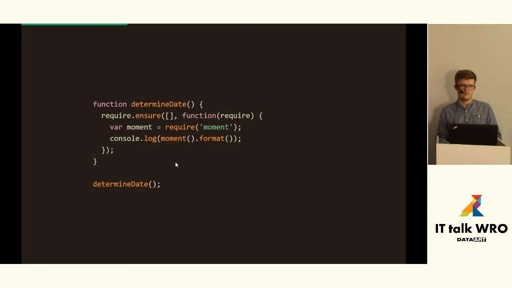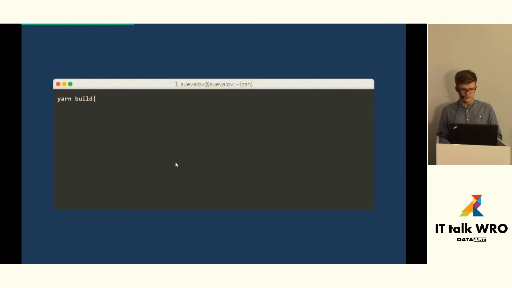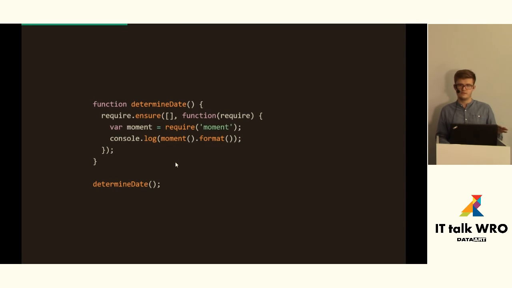That means that this function doesn't require some third-party code. And then inside the second function, we require a dependency. All dependencies that will be required in the second function will be bundled to a separate JavaScript file.